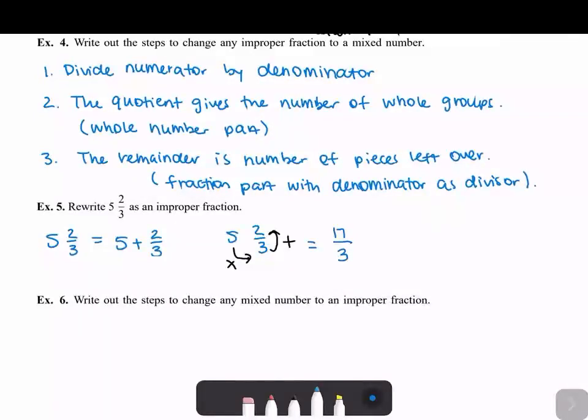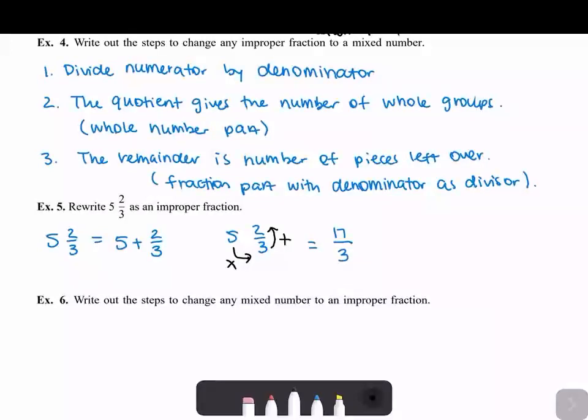This is the way most people do it. I'm really not the biggest fan of this. I appreciate shortcuts when I think that they help students understand what's going on. But this shortcut, I think, makes it really easy to get lost in what's happening.